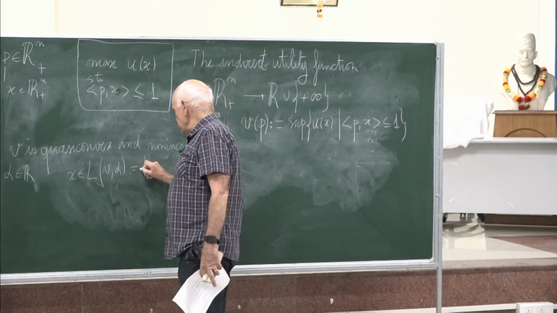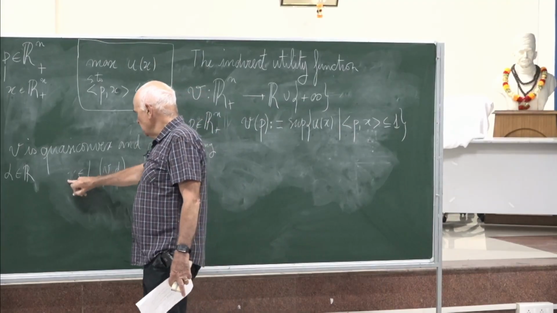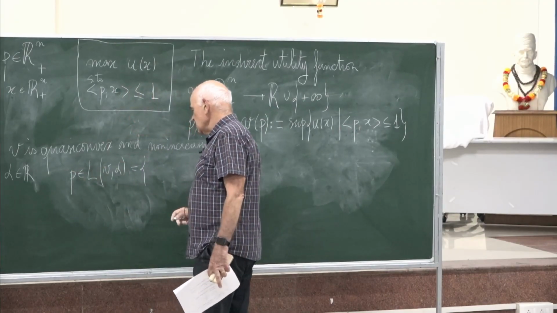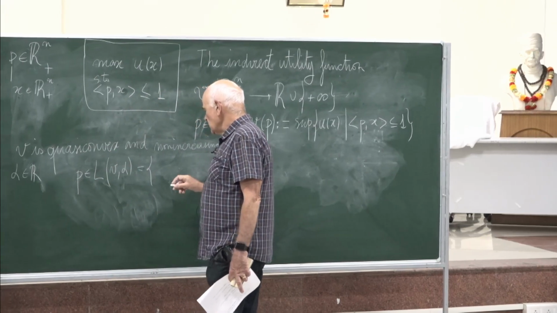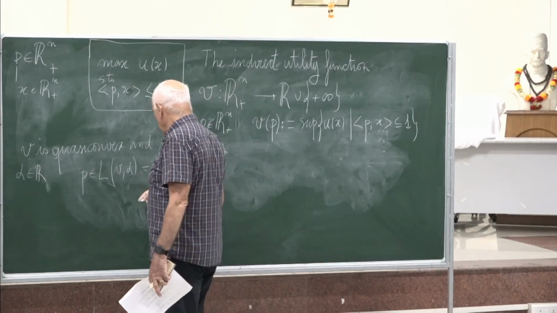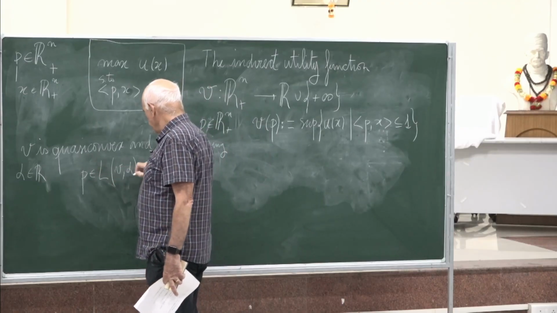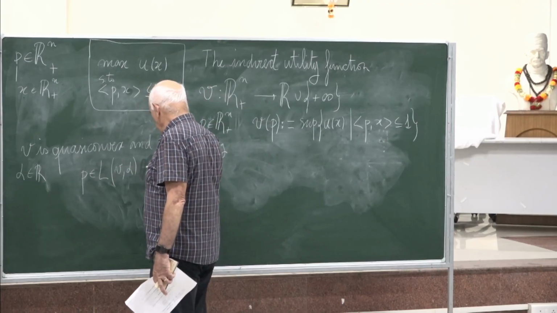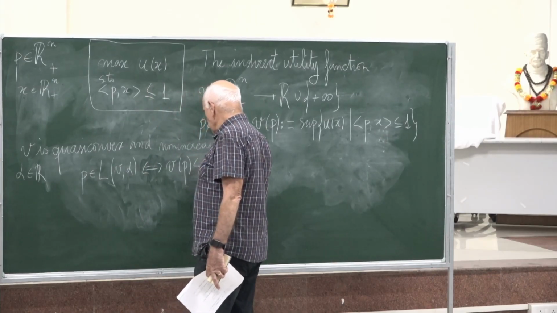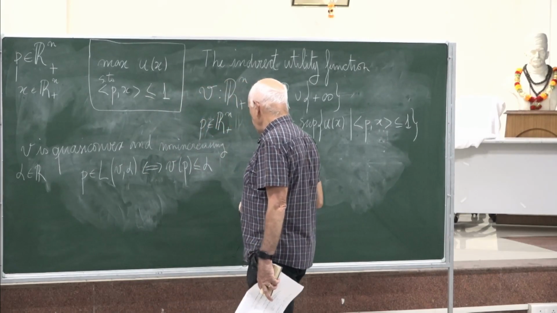Sorry, the argument of V is P, not X. This simply means that V of P is less than or equal to alpha.